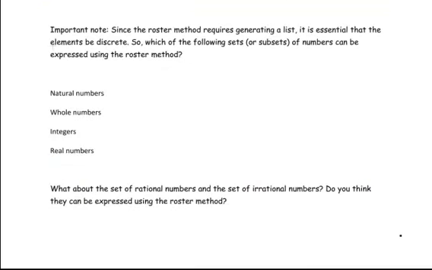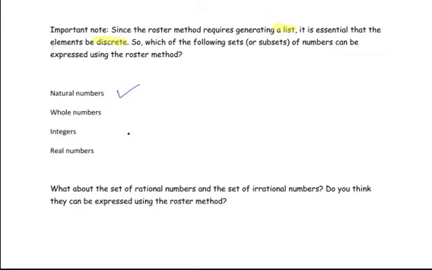So an important note for us, since the roster method requires generating a list, it is essential that the elements be discrete so that you can list them. So let's go over this. Which of the following sets of numbers can be expressed using the roster method? Can we write out the set of natural numbers using the roster method? Yeah, sure.